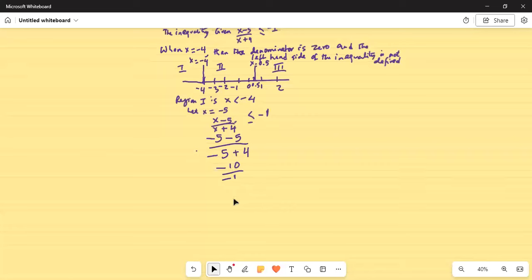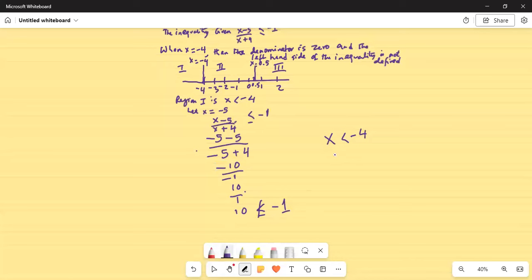Then we have 10 divided by 1, which is 10. And this is not less equal to -1. So x less than -4 is not a valid region.